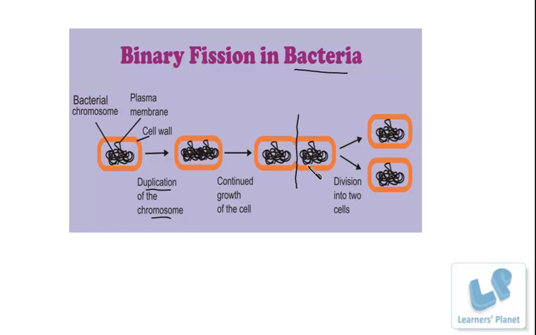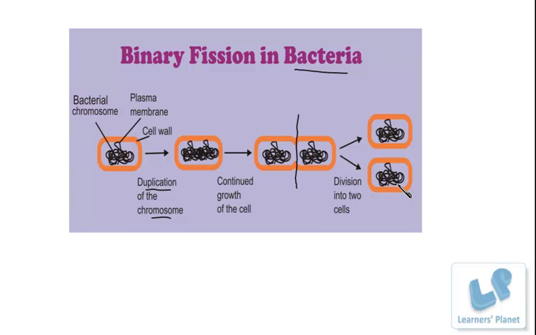Each daughter cell will receive a single copy of the chromosomes, and this cell is identical to the mother cell. Since they are identical copies of the mother cell or of each other, these two cells are known as clones. So usually as a result of asexual reproduction, clones are produced.